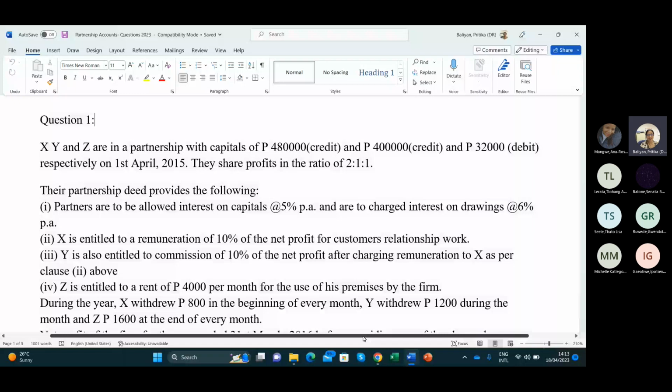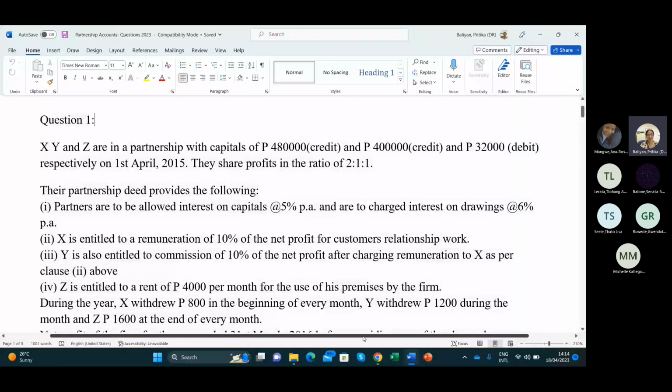X is entitled to a remuneration of 10% of the net profit for customers' relationship work. Y is also entitled to a commission of 10% of the net profit after charging remuneration of X as per the clause. Clause means because they agreed in the partnership deed what to do.